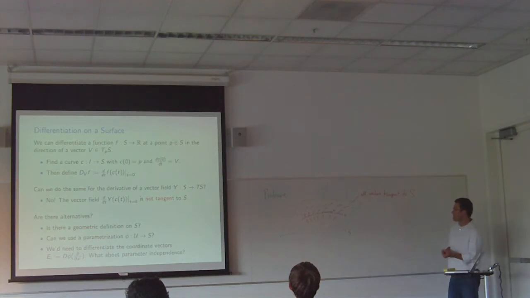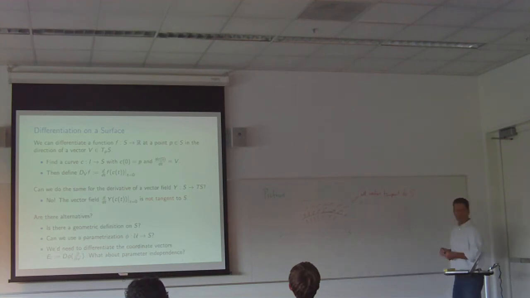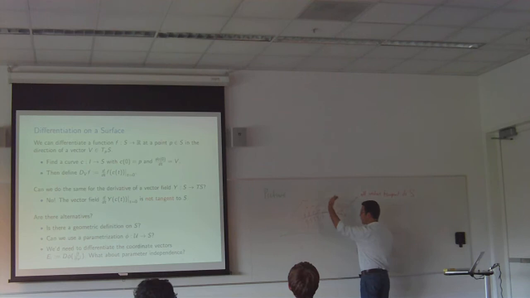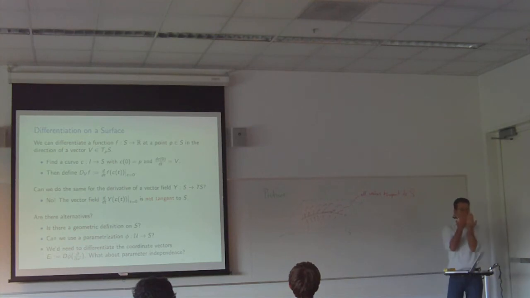So what am I doing when I differentiate in this direction? What am I actually doing? I want to somehow convince you that the vectors aren't necessarily going to be tangent to the surface. So how am I going to do that? I'm going to take a one-dimensional slice, a transverse slice to the surface, and draw over here exactly what's happening.